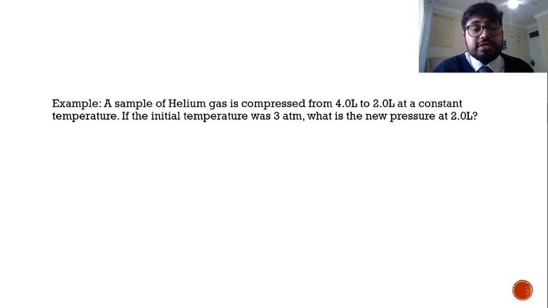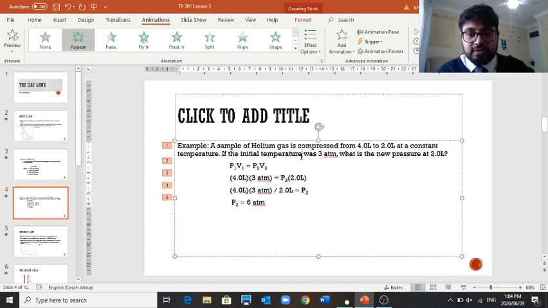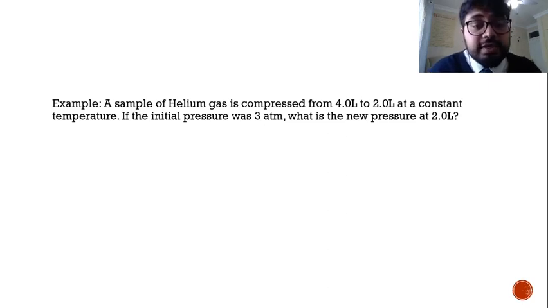If the initial pressure was 3 atmospheres, what is the new pressure at 2 liters? So our volume is decreasing, so that gives us an indication that our pressure needs to increase.